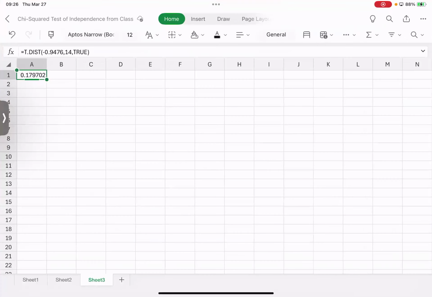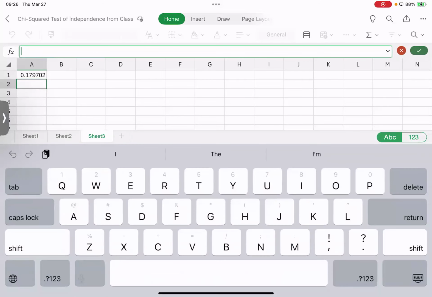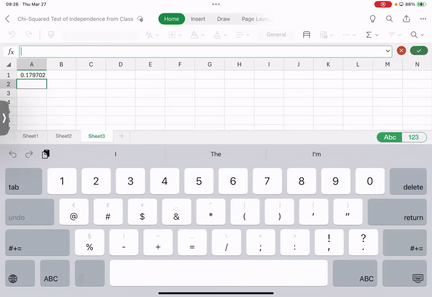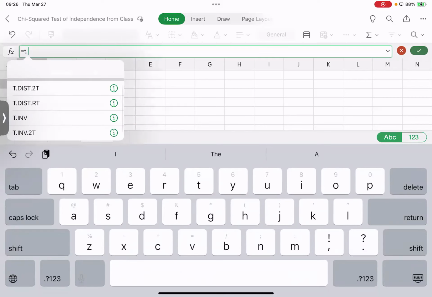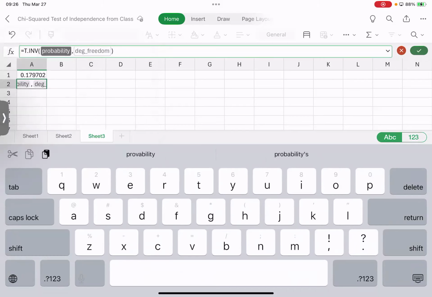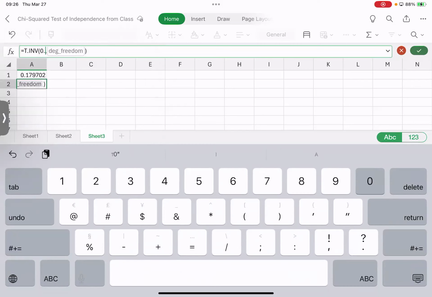Let's go back to Excel. We could say, okay, how about equals T dot inverse, and I'm going to force the area in the tail to be 0.05. And it wants to know my degrees of freedom, which is still 14.